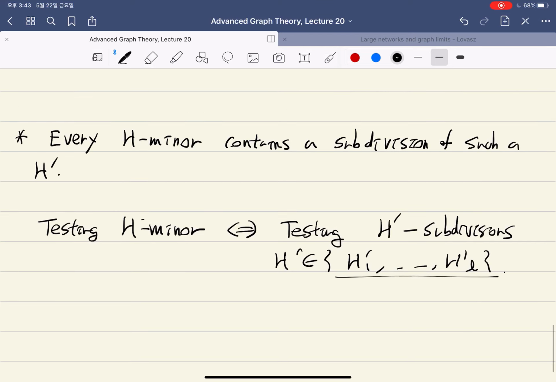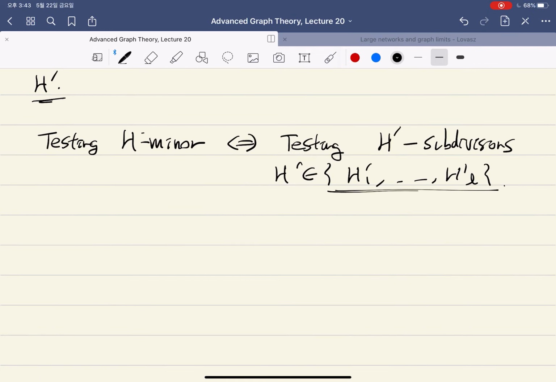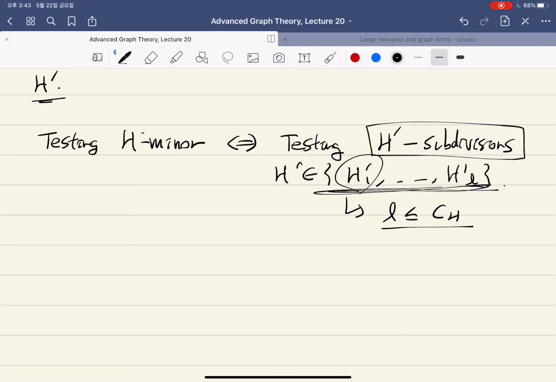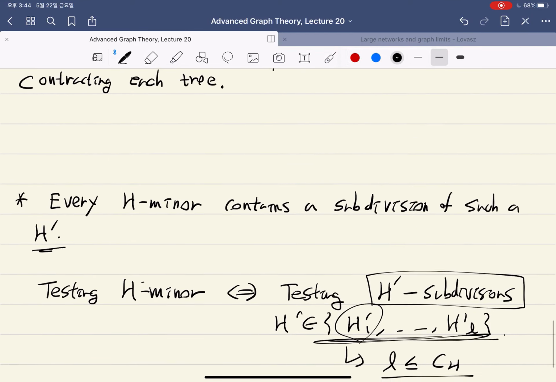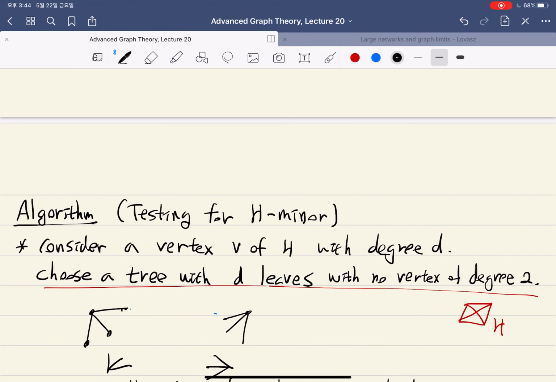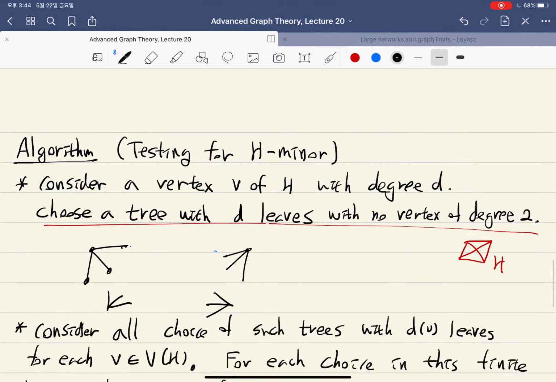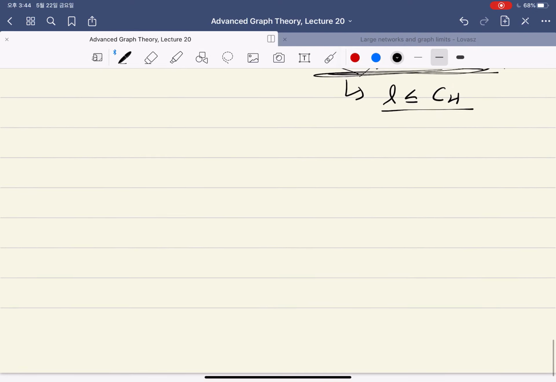This list is what we obtained above, and the number L is at most some constant depending on H. And each time, checking each H prime subdivision can be done in polynomial time in N. So this shows that for fixed H, testing an H minor can be done in polynomial time in N, where N is the number of vertices in the graph G, which we want to check whether it contains an H minor or not.